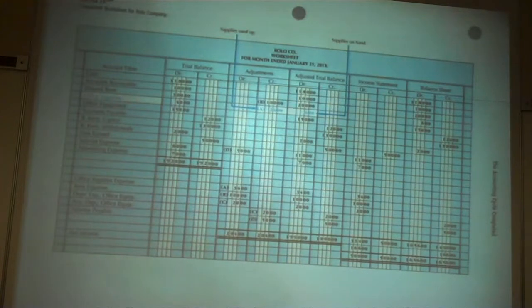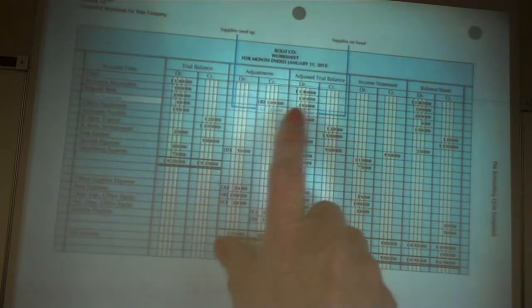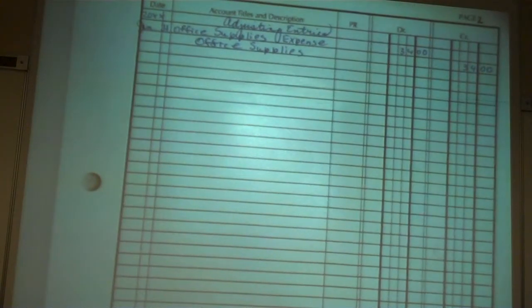Let's look at the A adjustment, and our debit is office supplies expense, and our credit is office supplies. Let's put our date, and it's for the month of January, so it's the last day of that accounting cycle, January 31st, and then put the year in.